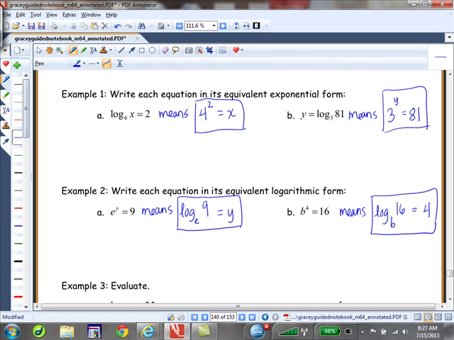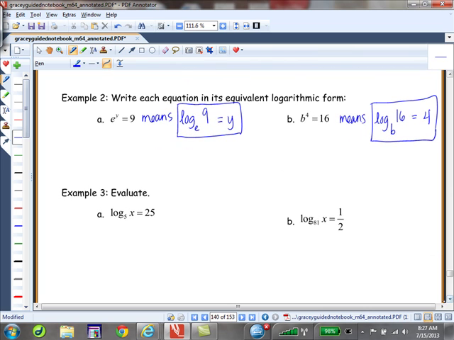Let's see what we have over here. Evaluate. On this one, I apologize, I had a bit of a typo. We're going to edit these problems, so we're going to scribble both of these out and change them. I had these more in the format of solving logarithmic equations, and we're not ready for that yet.